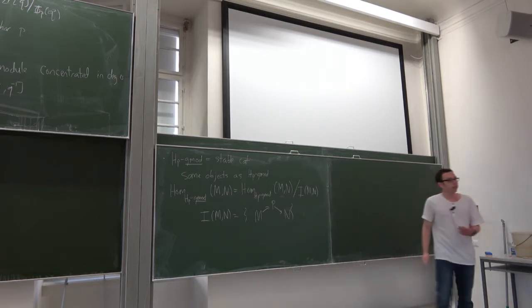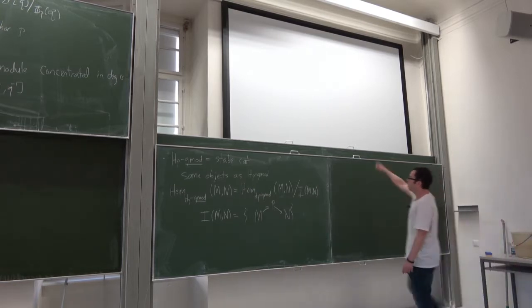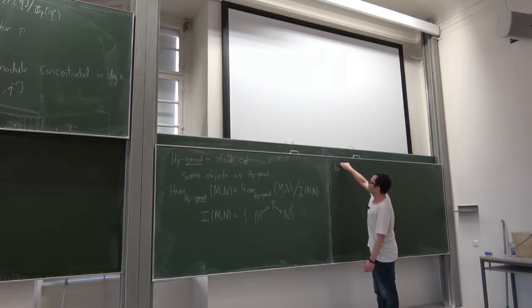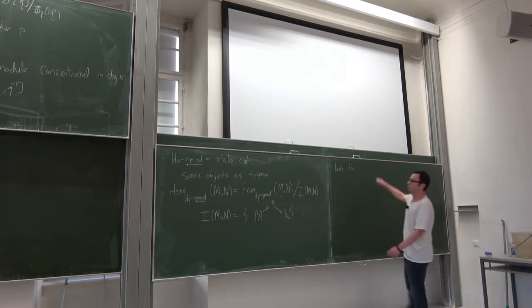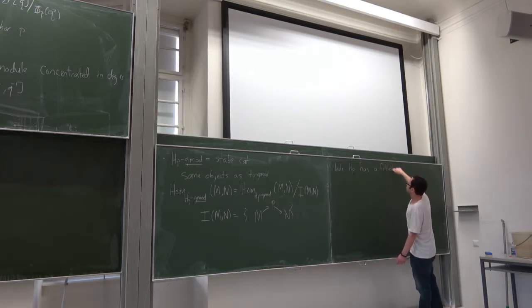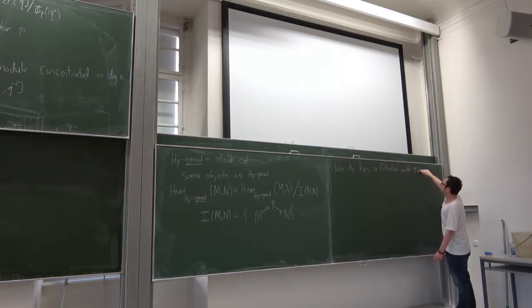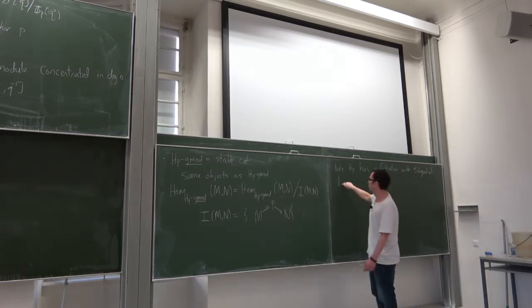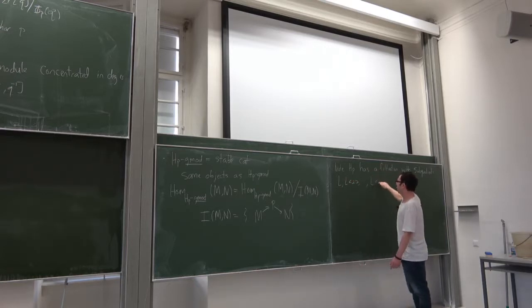Now, the reason why we want to consider this stable category in this context is this observation. Note that H_P as a projective module over itself has a filtration with subquotients L shifted by 2, all the way up to L shifted by 2 times P minus 1.